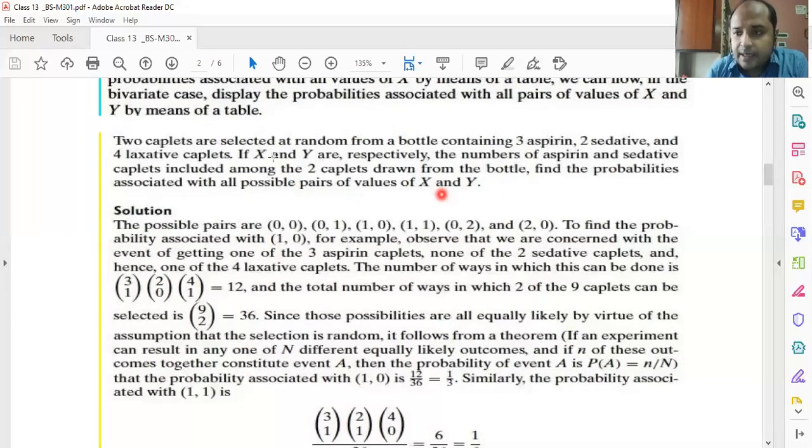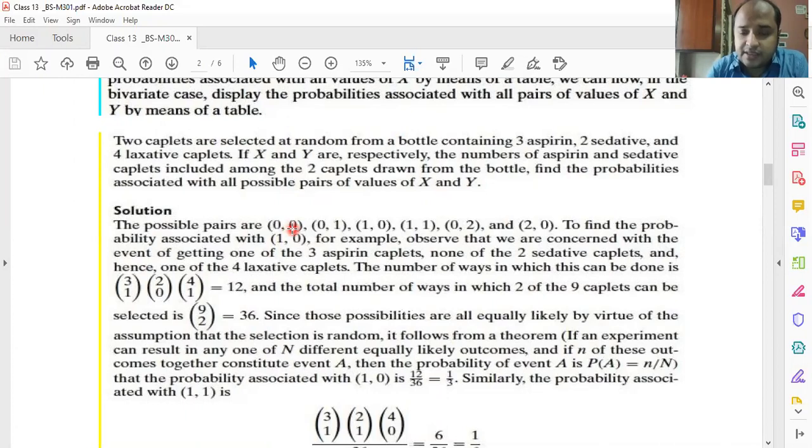Since capital X and capital Y are the 2 variables under question, one variable is associated with the number of aspirin and another with the number of sedative caplets. What are the possible values for capital X and capital Y? We have to keep in mind that we are choosing 2 caplets from the choices. So you see the first pair, 0, 0.